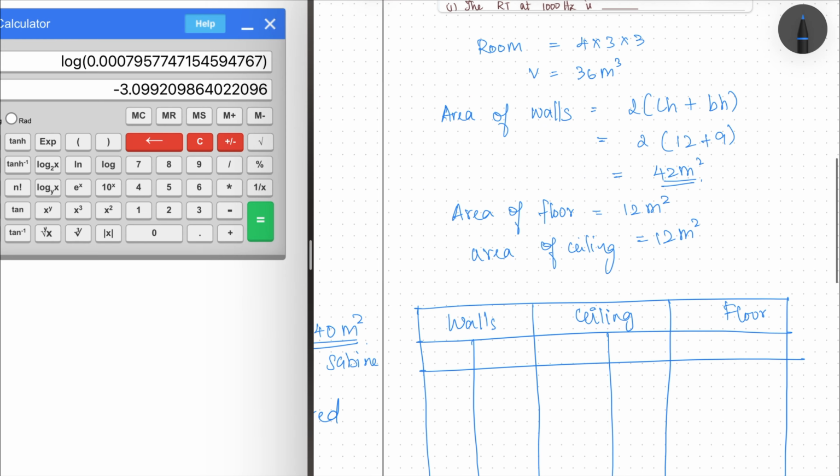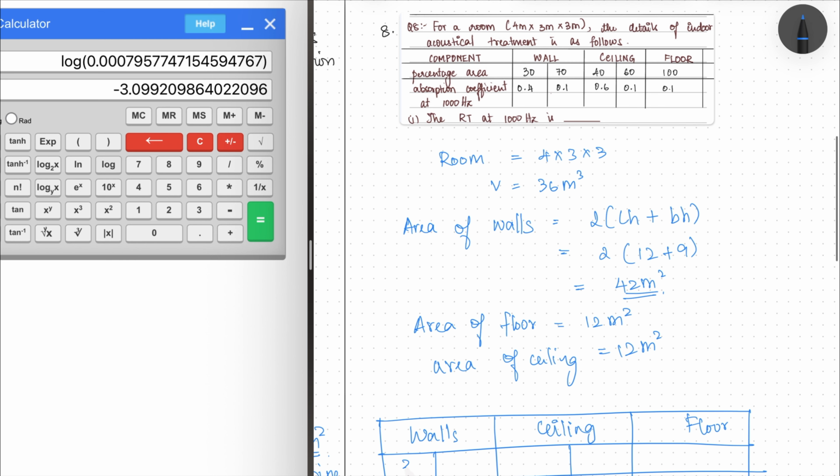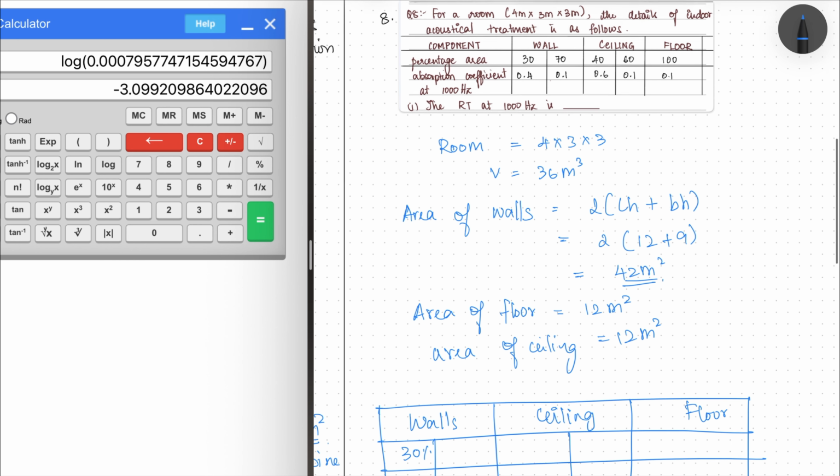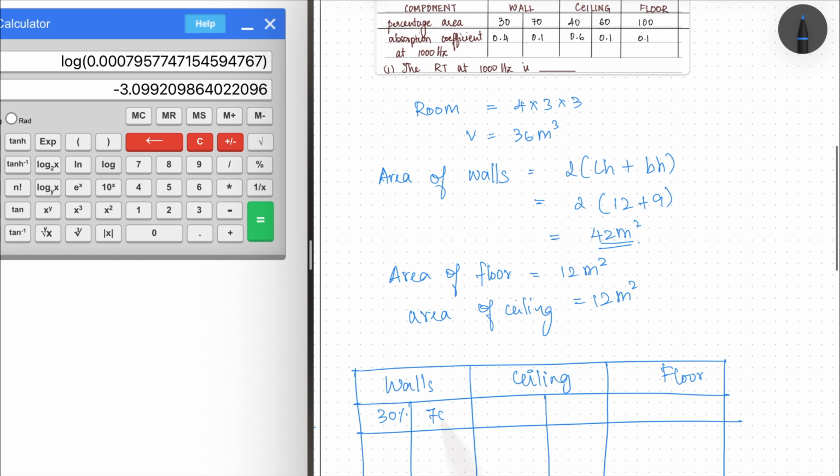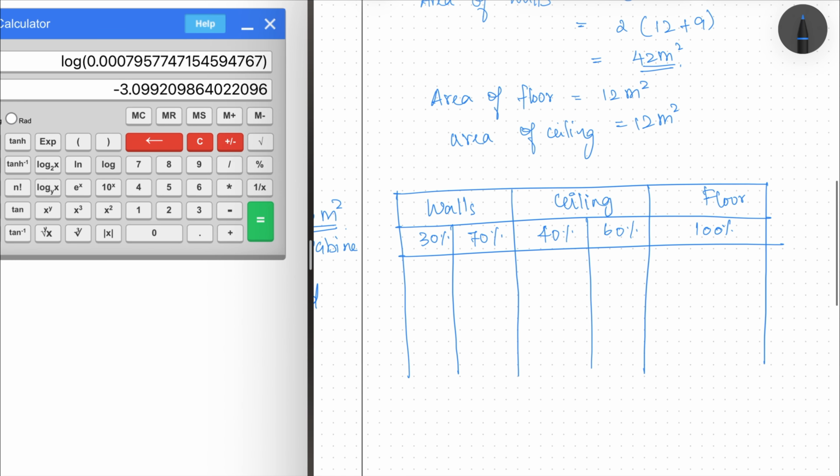So this is 30%, 70%, 40%, 60%, and 100%. Okay, so let's first write the area.